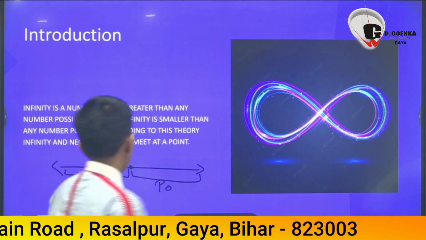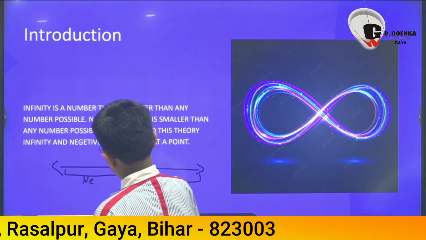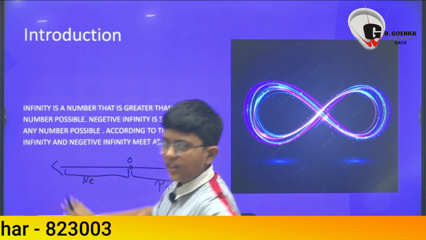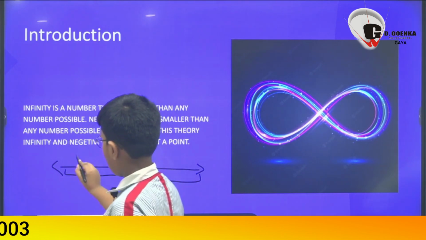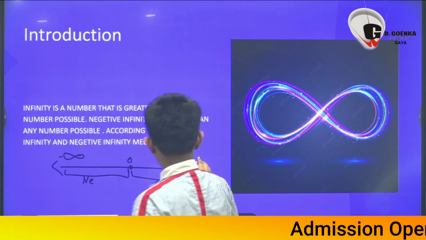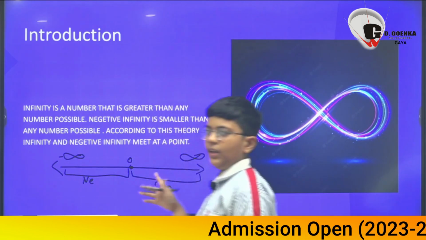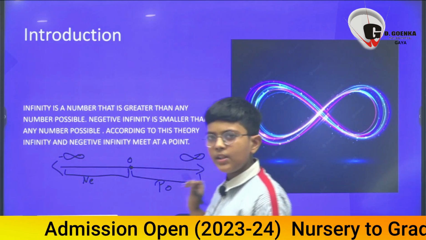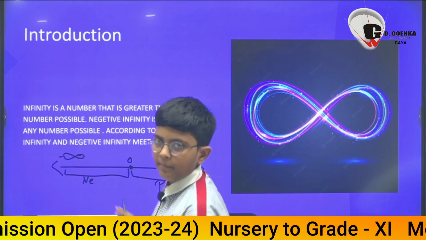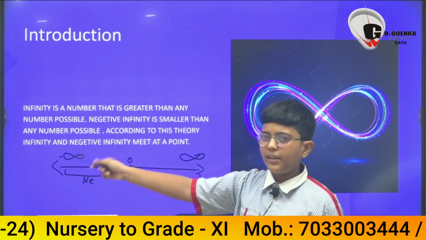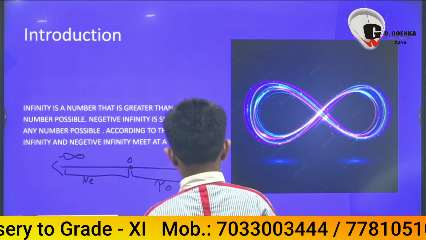In the middle it is 0, which is not negative, not positive. If we extend till infinity on the negative side, it is negative infinity, and on the right it is positive infinity, or we can write it as normal infinity. But you can see, they don't meet at a point. So how am I saying that infinity and negative infinity meet at a point? So let's see.